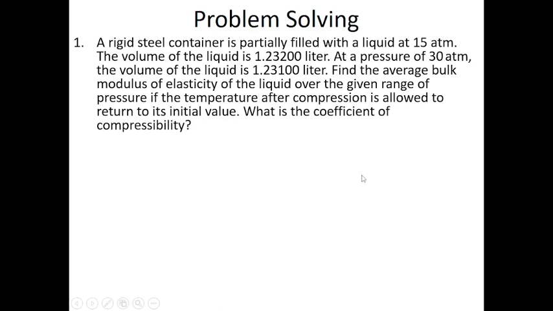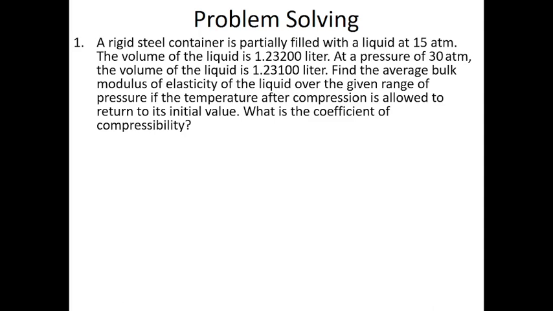Okay? So, let's answer a problem. A rigid steel container is partially filled with a liquid at 15 atmosphere. The volume of the liquid is 1.3200 liter. At a pressure of 30 atm, the volume of the liquid is 1.231 liter.